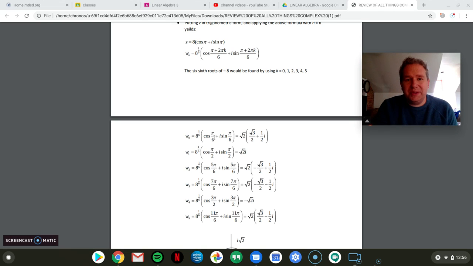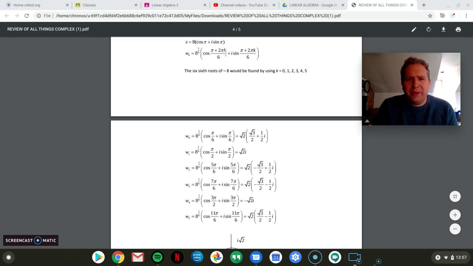Then it's just evaluating the cosine and sine at each one of these angles. This is where k equals 0, so it's pi plus 2 pi times 0 over 6, which is pi over 6 for the first one. Cosine of pi over 6 is square root of 3 over 2. Sine of pi over 6 is 1/2.